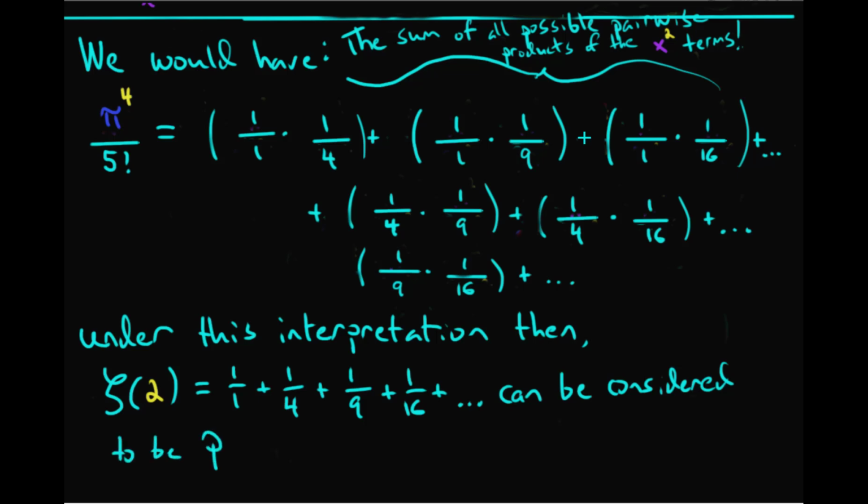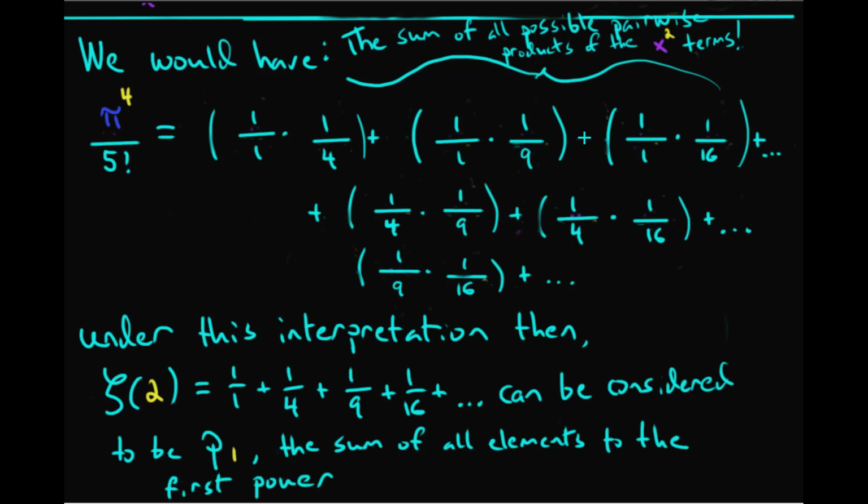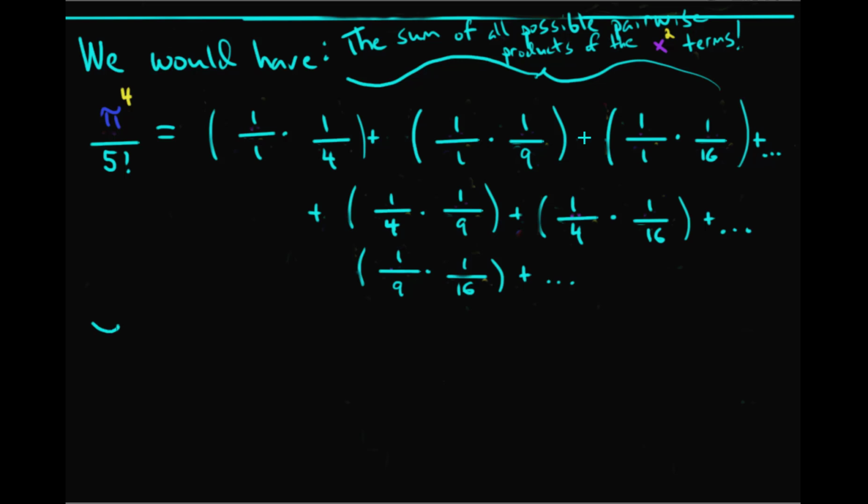So under this interpretation, if our terms under consideration are 1 over 1, 1 over 4, 1 over 9, 1 over 16, and so on, then in fact, zeta of 2, which equals 1 over 1 to the first, plus 1 over 4 to the first, plus 1 over 9 to the first, plus 1 over 16 to the first, and so on, can be considered to be P1, the sum of all elements to the first power.